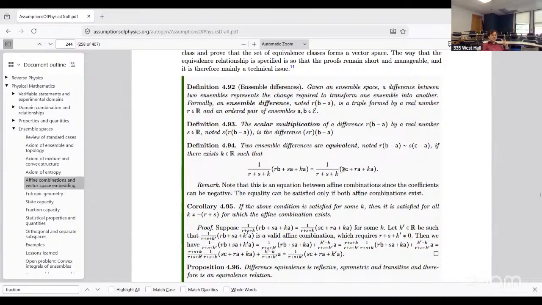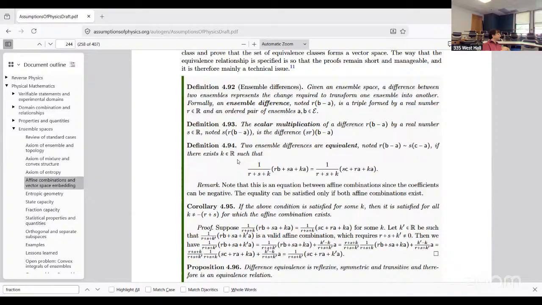And the difficulty here is that I need to define this equivalence class so that it works for all numbers. If you do the trivial things, then there's going to be a zero in the middle, and the zero is not going to make the equivalence class work in some respect. So what you use is this free parameter: there exists a k, so you avoid the zero, because if it were zero, you just put a different k.